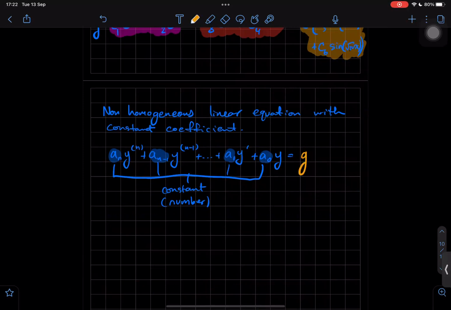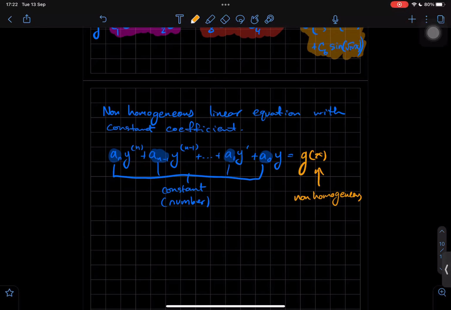It can be some function, g of x. So this becomes non-homogeneous already.